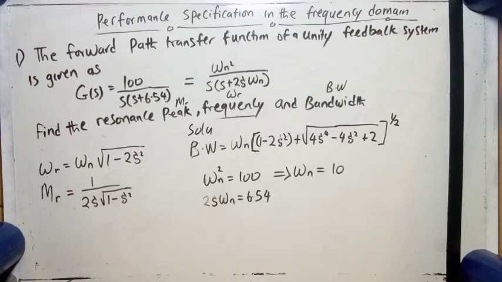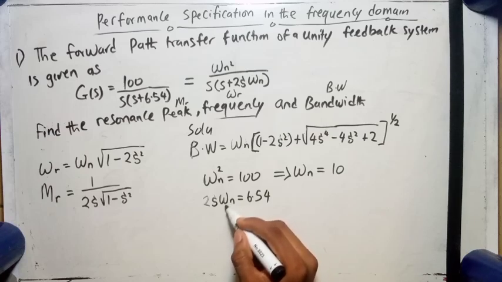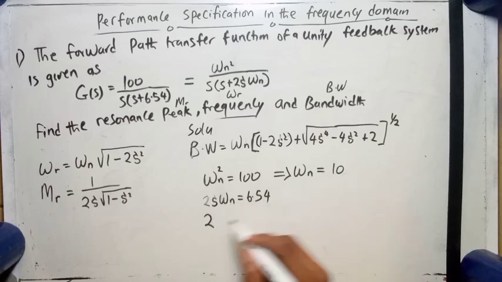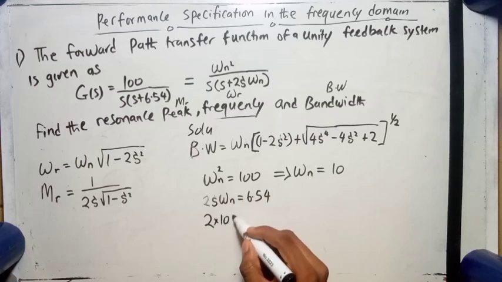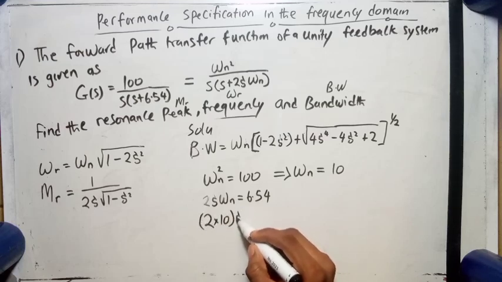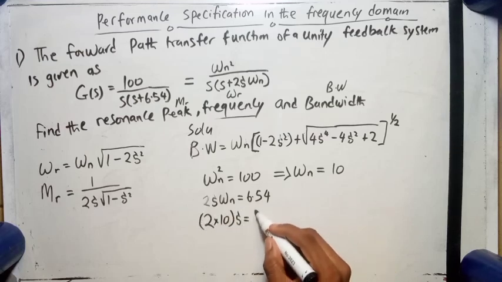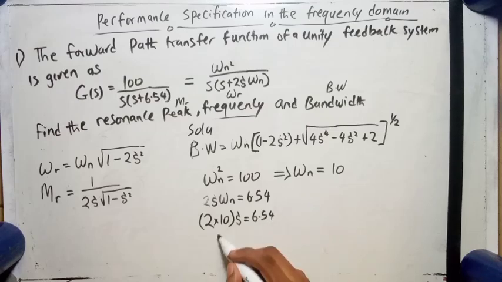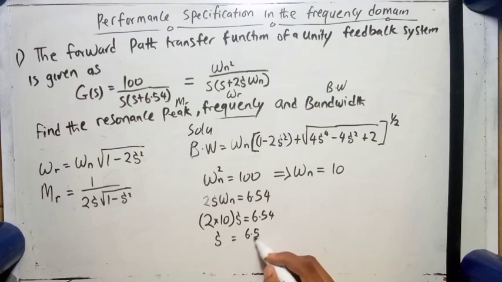So we're going to be having that 2 zeta Wn is equal to 6.54. We already know what our Wn is, so we can write this to be 2 times 10, all multiplied by zeta, is equal to 6.54. Our zeta now is going to be 6.54 over 2 times 10, 20.